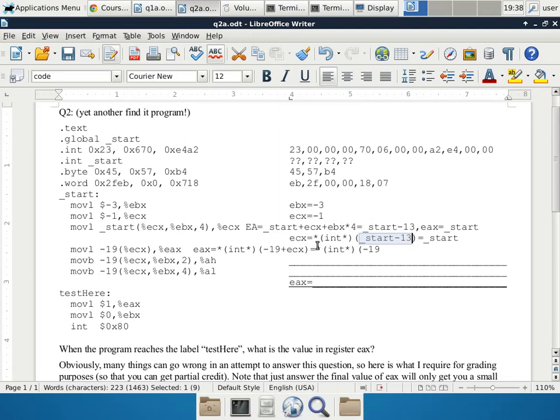It ends up with underscore start itself. Because it is a memory operand, we are not loading the effective address into the register, we are loading the content at the effective address into the register. Quite a few people made that mistake, but as long as you still show me the steps to get to that part, you will still get partial credit for that.